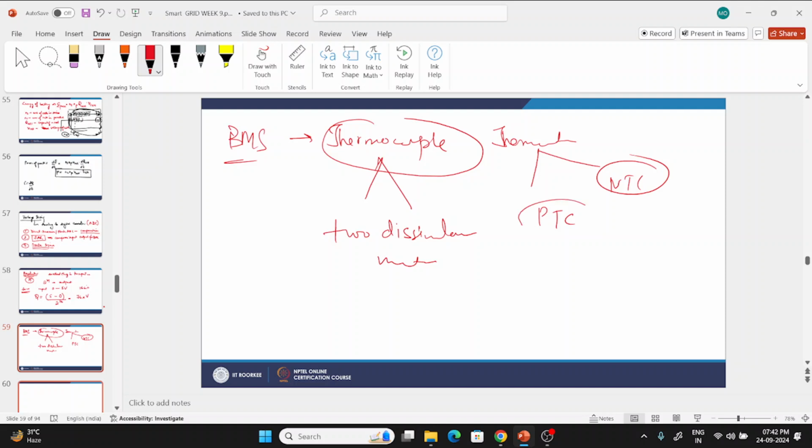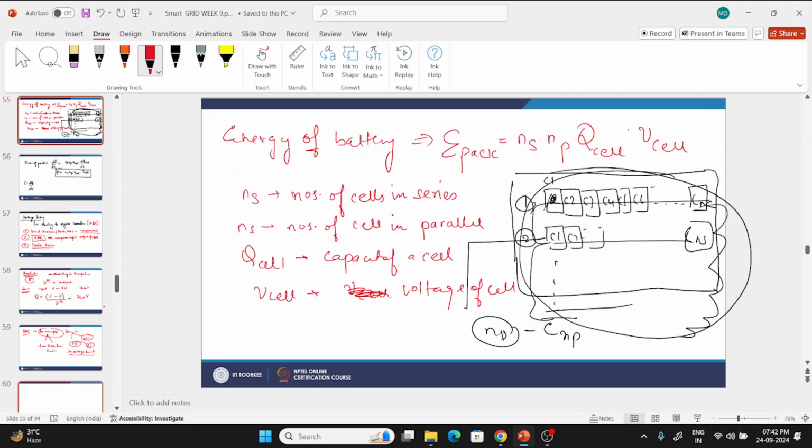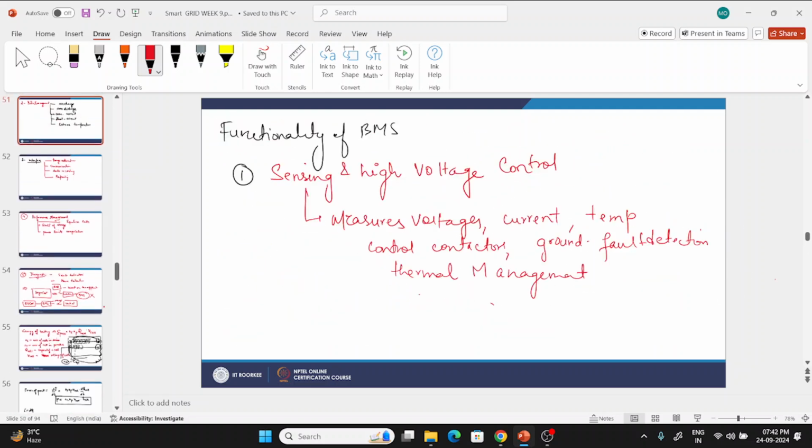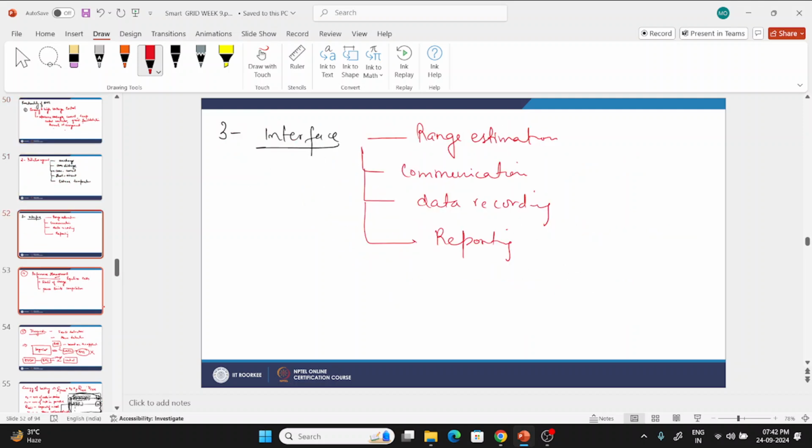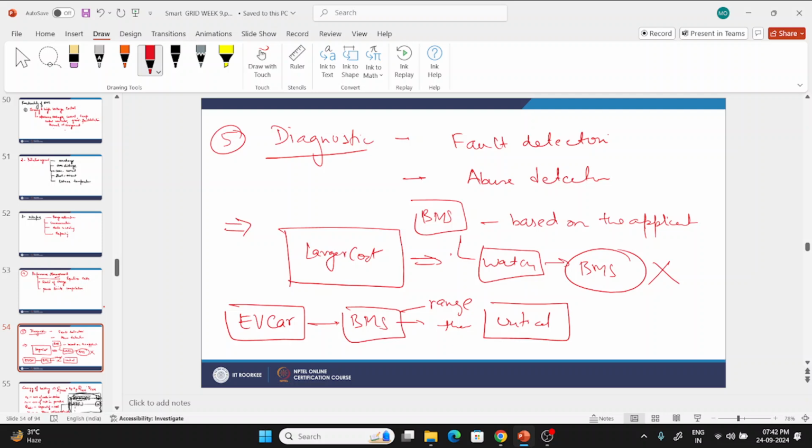ये resistance measure करता है, and based on the resistance it calculates the temperature. Resistance measure करने के लिए voltage divider circuit चाहिए होता है। वोल्टेज डिवाइडर सर्किट से हम रेजिस्टेंस कैलकुलेट करते हैं और उसके बेस पर टेम्परेचर। So BMS senses the high voltage, also provides protection against the current, also interfaces and diagnostics.